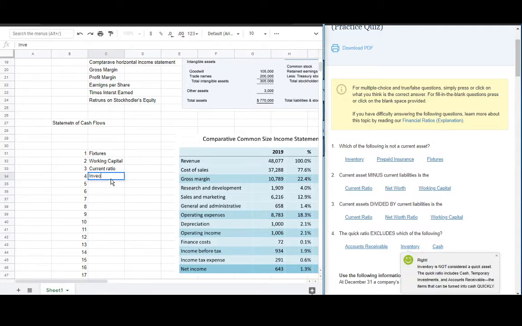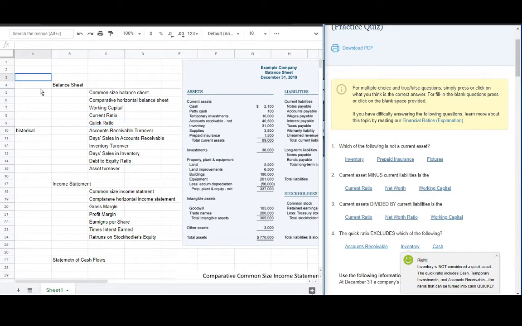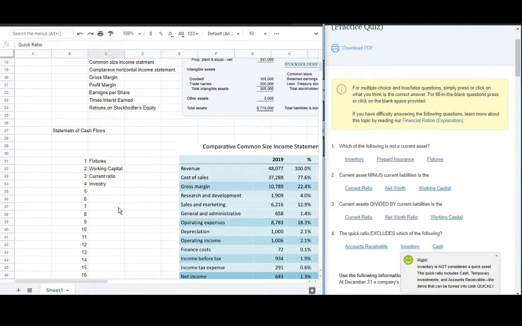Inventory is not liquid because in the quick ratio, its formula is cash plus AR, accounts receivable, divided by current liabilities. However, in current ratio, it is cash plus accounts receivable plus inventory plus prepaid, di ba? Ang daming lahat ng current asset andun, divided by current liability.